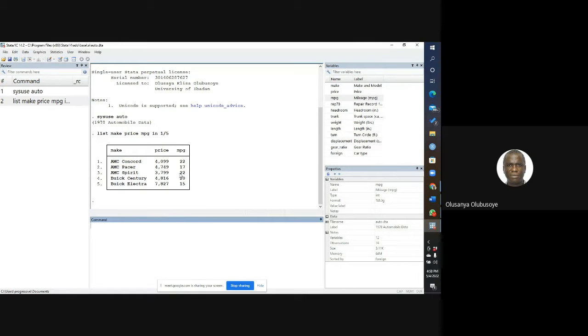So the point I'm making here is that to check for normality, you cannot check for normality of the variable make. Variable make is a string variable.